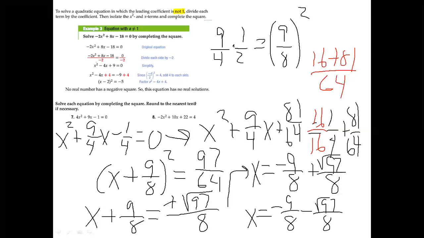You'd actually get 0.0106107225225. But if you round to the tenths, you would get x equals 0.1. And for the other one, when you subtract square root 97, you get negative 2.4.